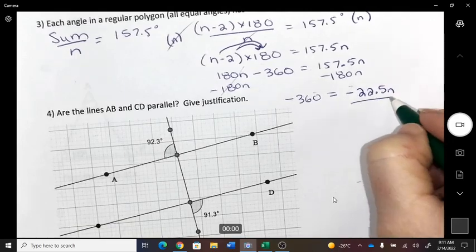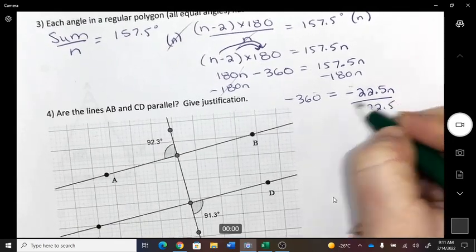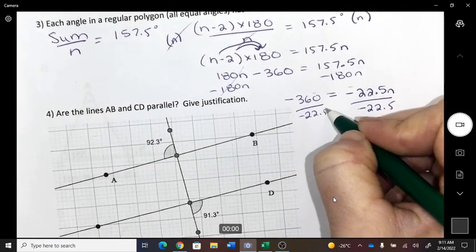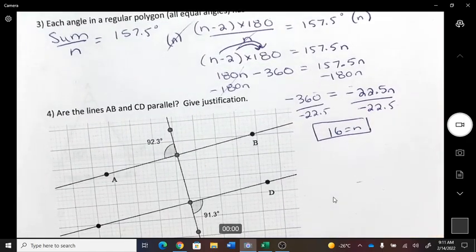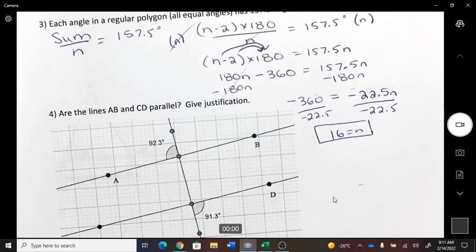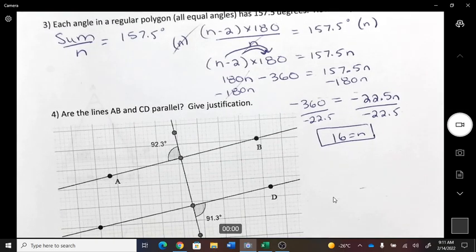Okay, almost done. Now I need to divide. Therefore, this object, this shape, has 16 sides to it. Okay, so that was just a little bit of algebra stuff in there.